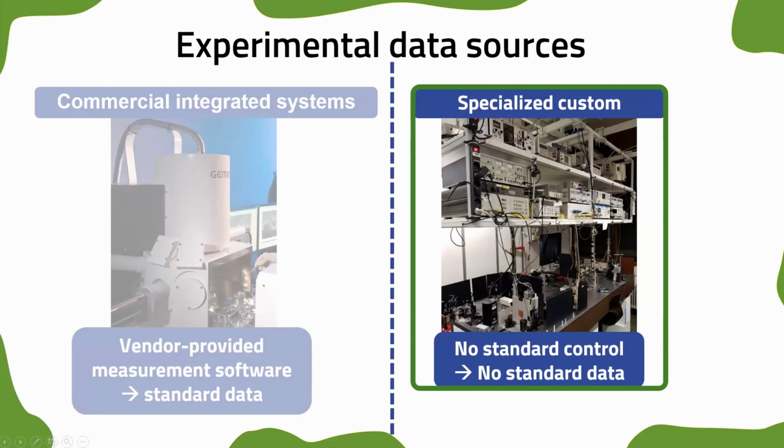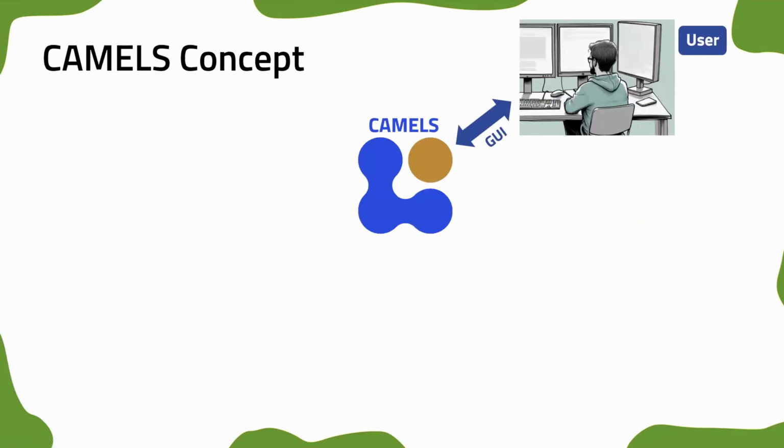Here we are organizing, our students somehow, and here we have also a solution to offer, and this is the Camels concept. So Camels is a software that we developed in FAIRmat, and it's actually thought to be a service to the user. The user interfaces with Camels just by a graphical user interface.